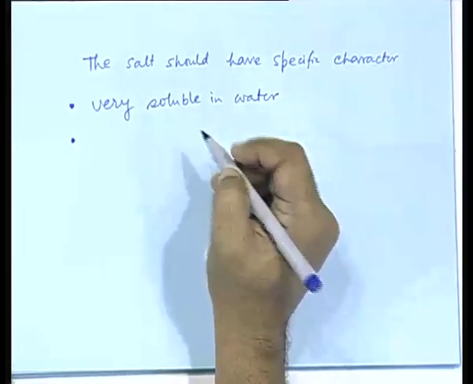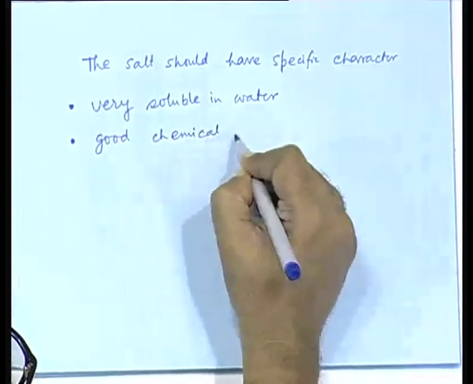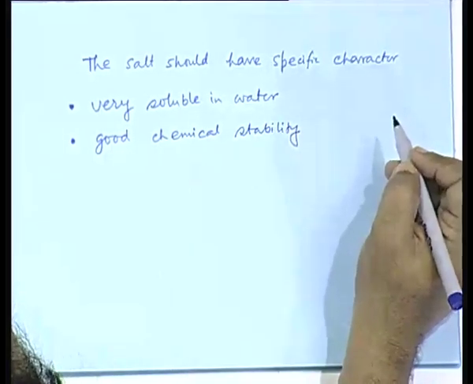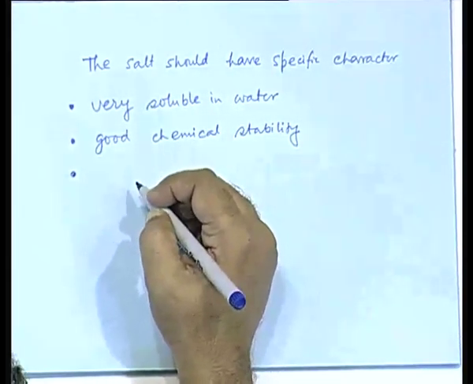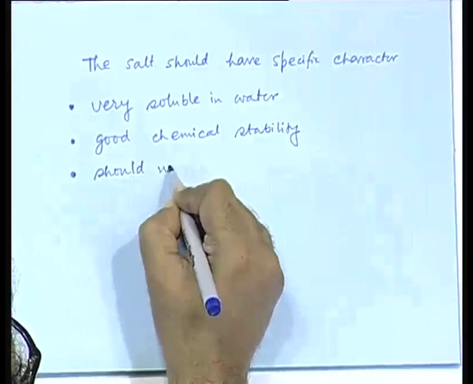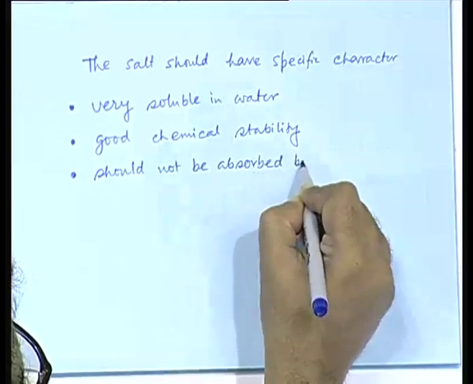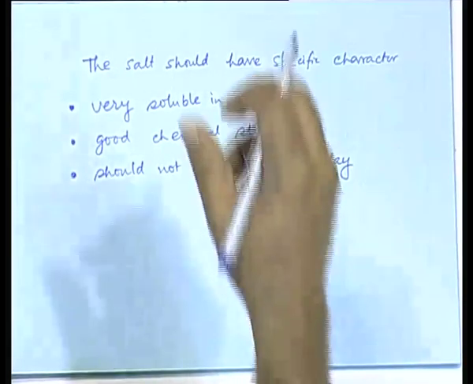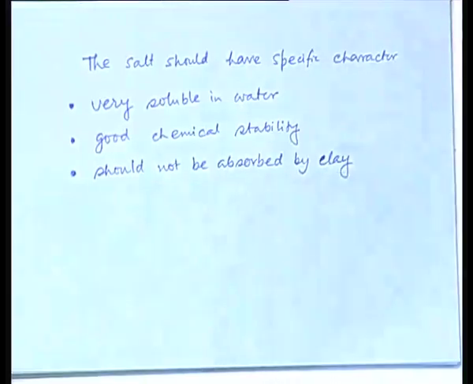Two, good chemical stability. That means it should not disintegrate or change into something else before reaching downstream. Three, it should not be absorbed by clay, because the stream normally contains clay particles, and if that salt is absorbed by clay, you will get a wrong estimate there.